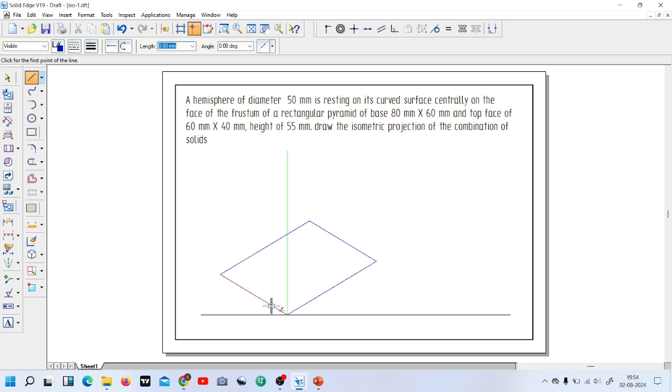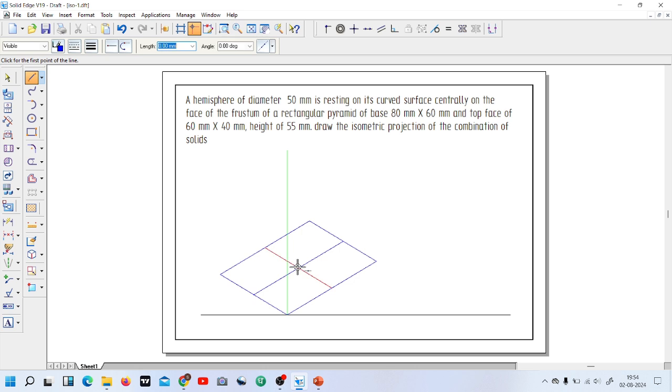Now identify its center point, the center point of the base rectangle.